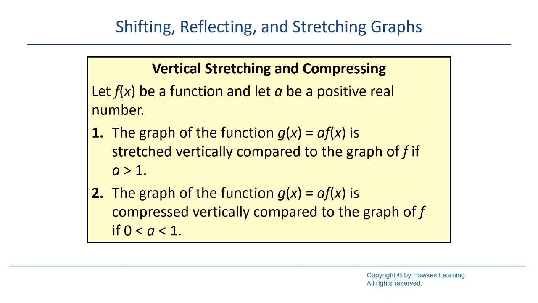I know that sounds really dumb, but you have to pay attention to it, because otherwise when you just say stretch and compress, it's going to look a little off. If it's greater than 1, it's going to stretch. If it's between 0 and 1, that's going to compress. That makes sense.